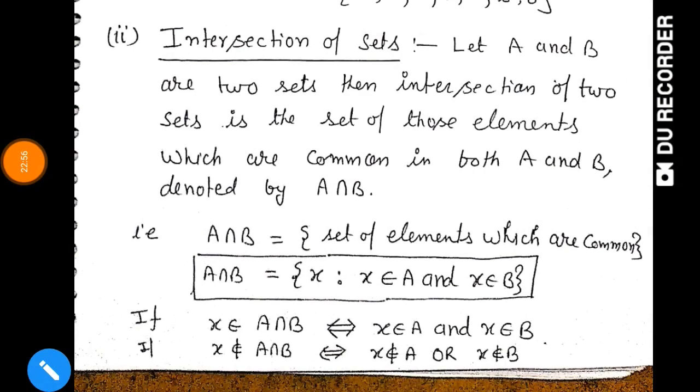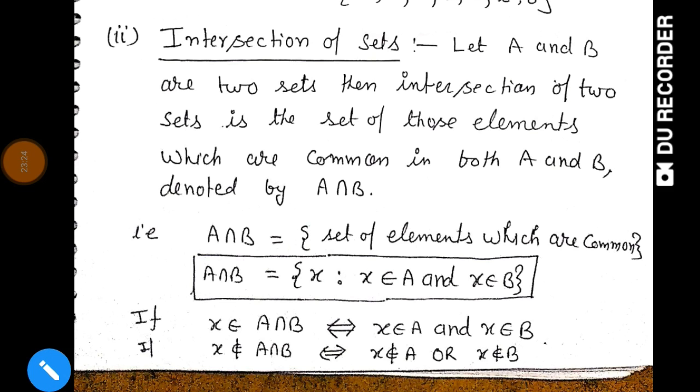So A intersection B is equal to {X such that X belongs to A and X belongs to B}. And if X is any element that belongs to A intersection B, then this implies X belongs to A and X belongs to B. If we are saying X does not belong to A intersection B, then this implies X does not belong to A or X does not belong to B. Listen carefully.